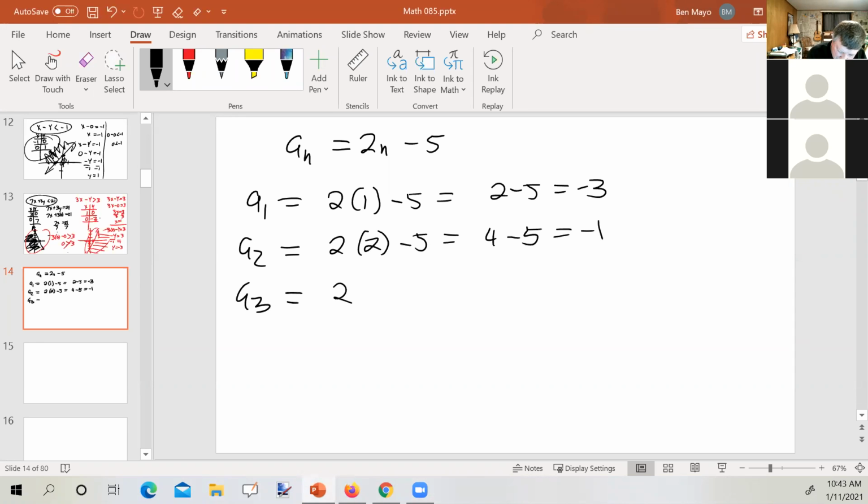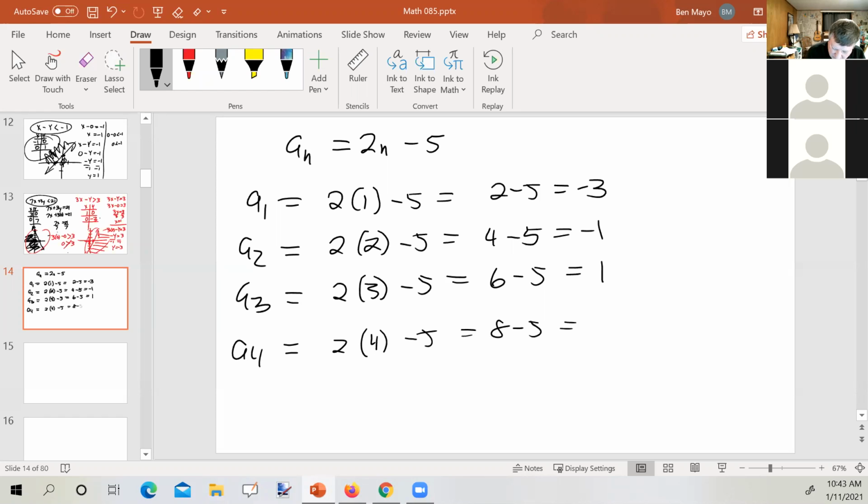A sub 3 would be 2 times 3 minus 5, which is 6 minus 5, which is positive 1. And a sub 4 would be 2 times 4 minus 5, which is 8 minus 5, which equals 3. So our answers would be negative 3, comma, space, negative 1, comma, space, 1, comma, space, 3.